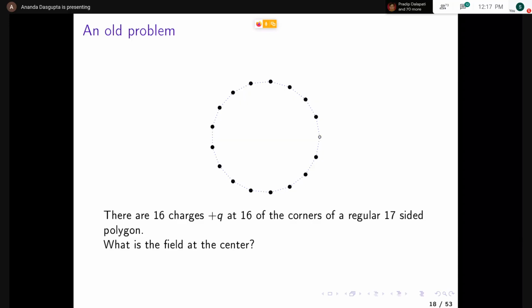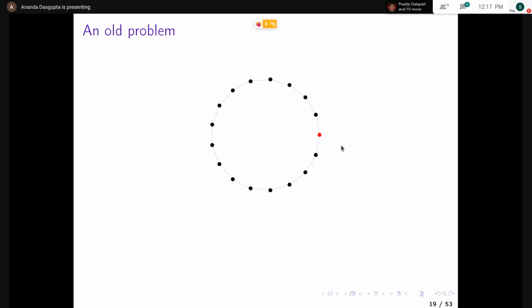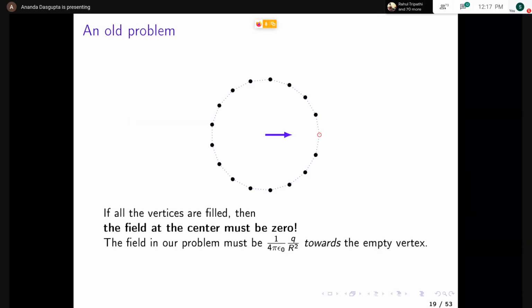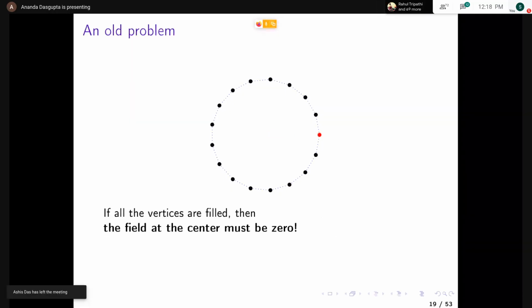The answer was simply this: if you filled up that empty corner with this red dot here, and put a charge plus q there as well, if all the vertices of a regular 17-sided polygon are filled, then the field at the center must be 0. And therefore, the field of the 16 charges, our original problem, plus the field due to this one charge must be 0, the superposition.